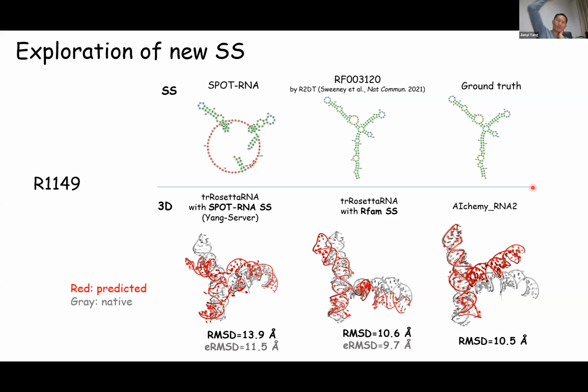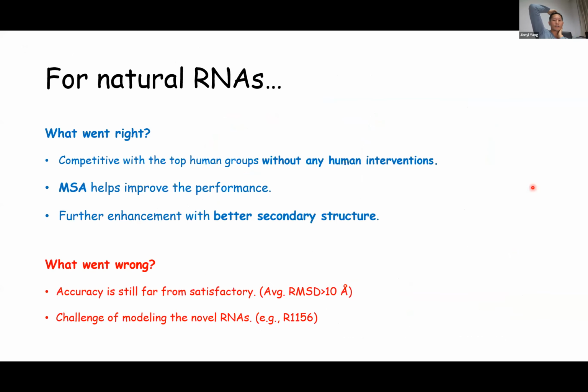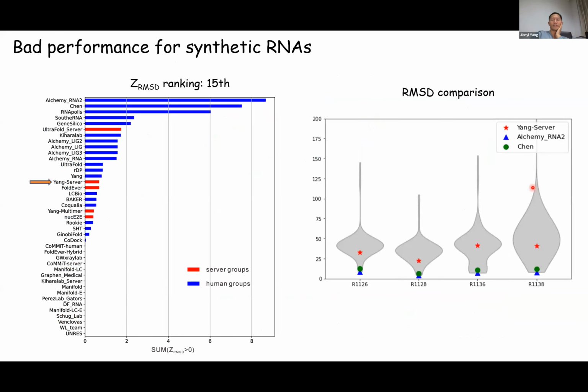But probably the story is too short, because we only tested 4 designed RNAs in this experiment. I don't know what other RNAs would look like, especially shorter designed RNAs. For these 4, they are too long for AI-based methods. Probably we need more tests to have a clear conclusion.